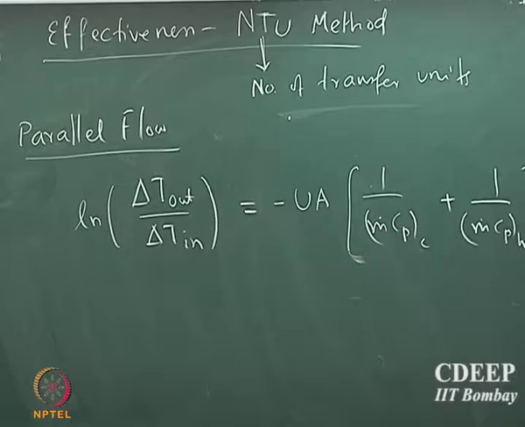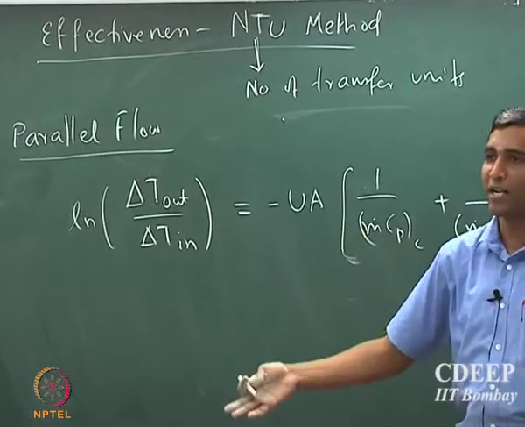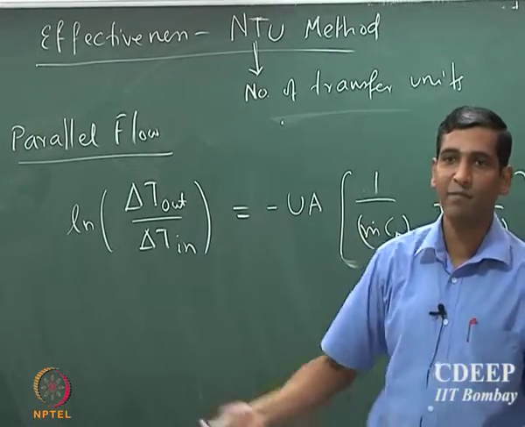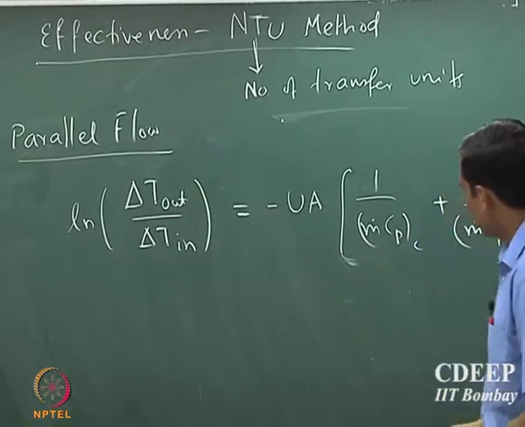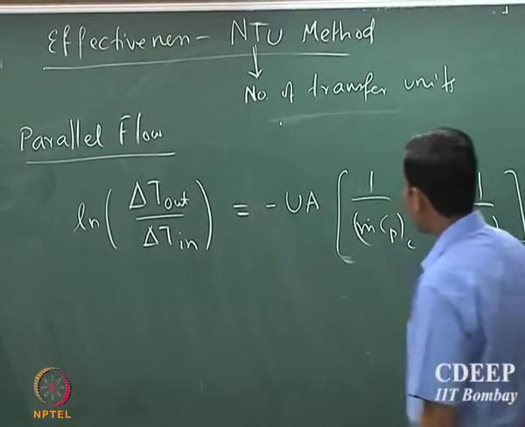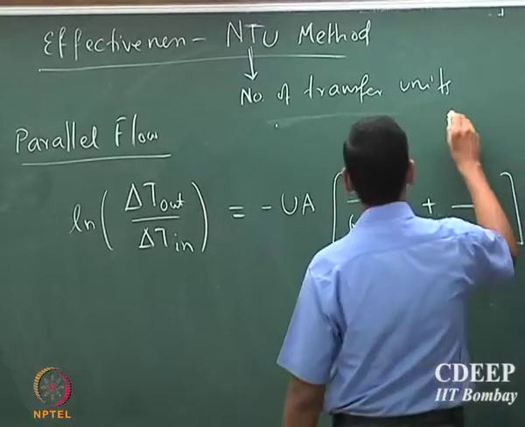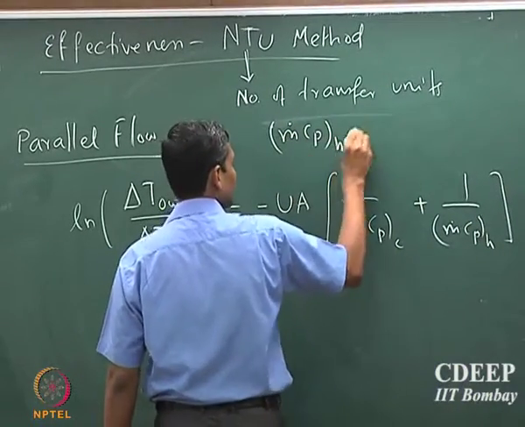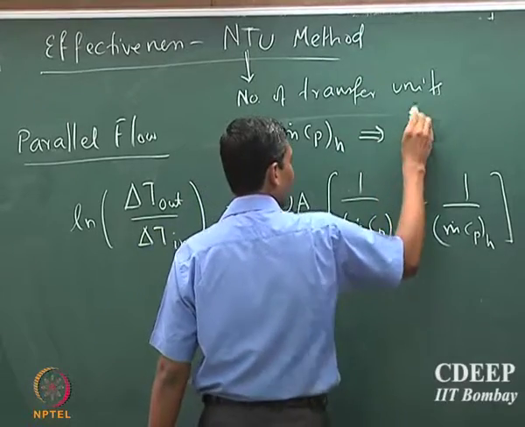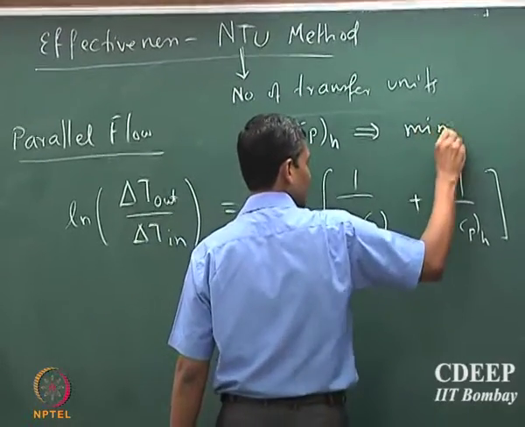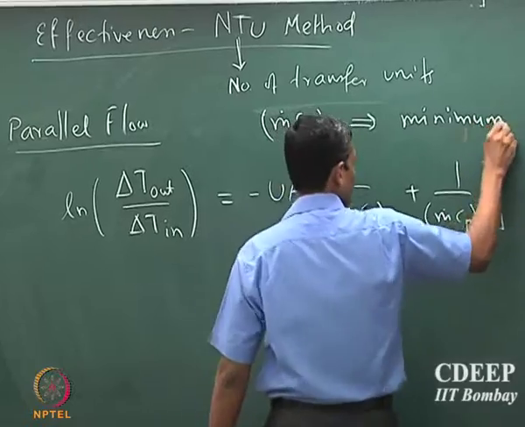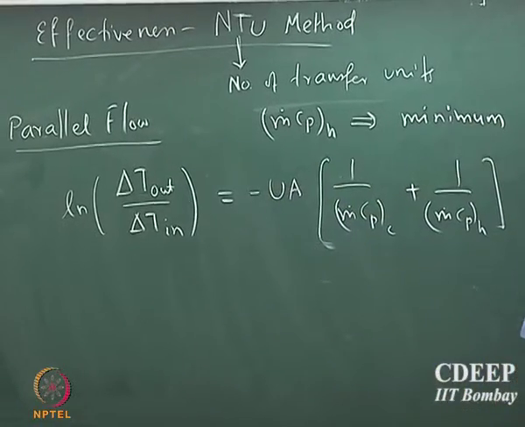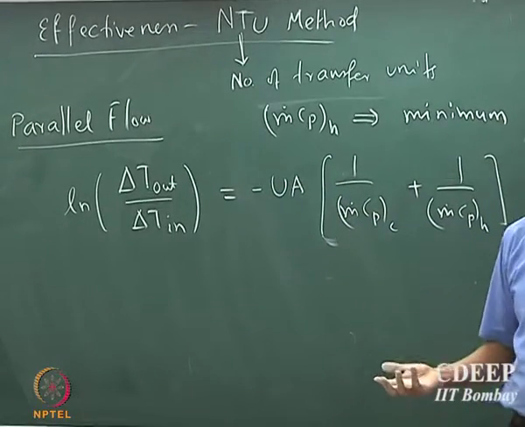Okay. Because if you modify this, what you will get is Q equal to UA delta T LMTD. Now suppose I assume that m dot Cp of the hot fluid is the minimum. Okay, assume that it is smaller than the m dot Cp of the cold fluid.